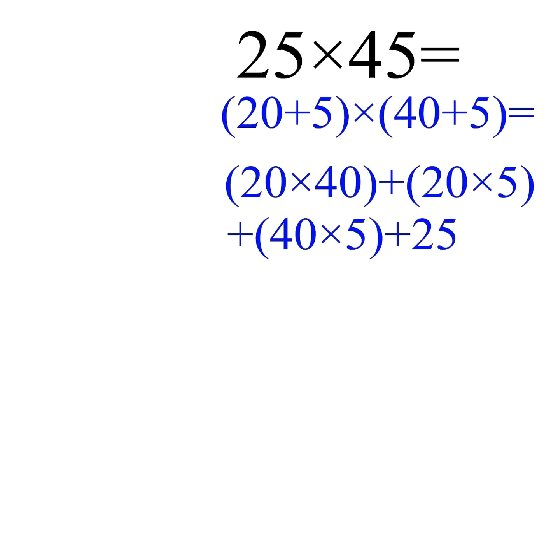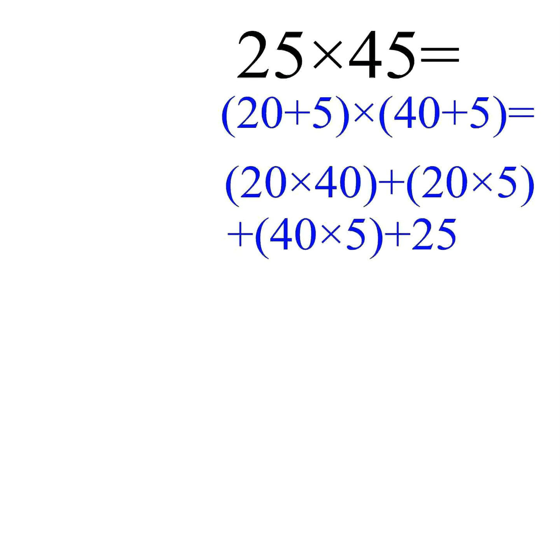You see, here we multiplied 20 of the first parentheses into 40 and added to 20 times 5, then multiplied 5 of the first parentheses into 40, and finally the 5 into the 5 of the second parentheses.